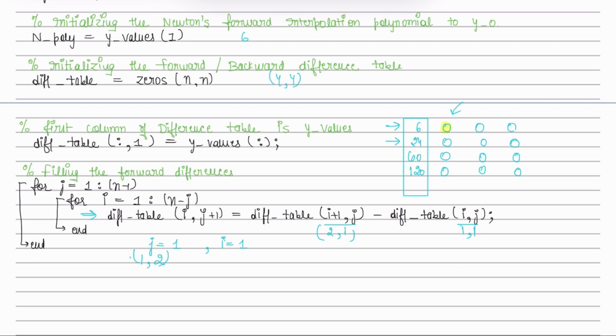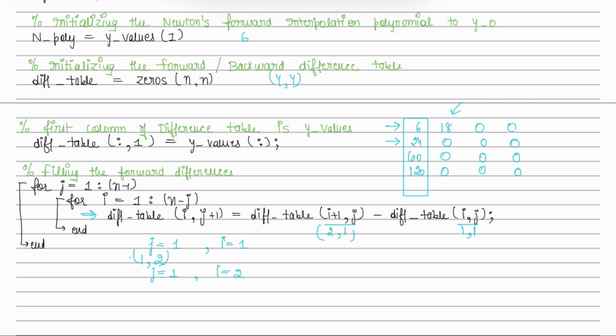We subtract these entries and update at index 1, 2, and this value will be updated by 18.